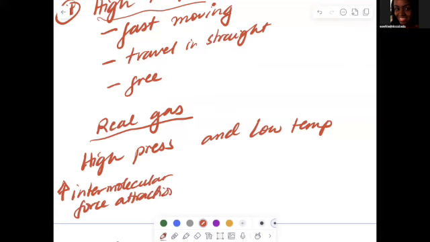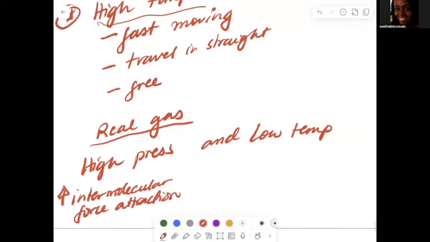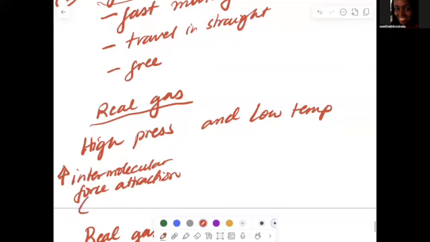And when that happens, what is affected here is the pressure of the particles. The pressure is affected because you don't have the gas particles getting to the wall of the container and colliding a lot, right? They don't get to the wall that much because they spend more time getting attracted to other particles. So they are not making it to the wall.